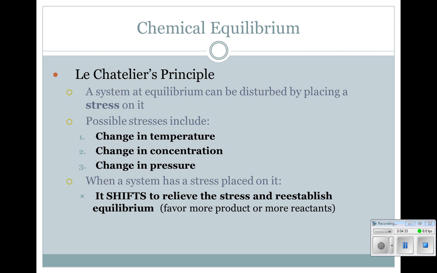But what we're really saying is that either the forward reaction or the reverse reaction is going to start happening more quickly, and therefore your rates of forward and reverse are no longer equal. So if a system at equilibrium has a stress placed on it and it shifts to relieve the stress, it's going to reestablish equilibrium, but it's going to take some time.